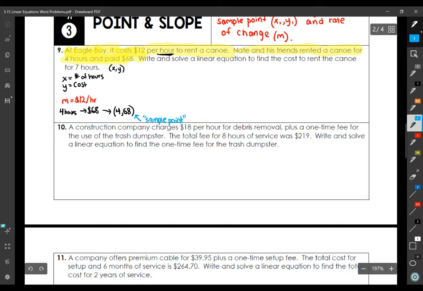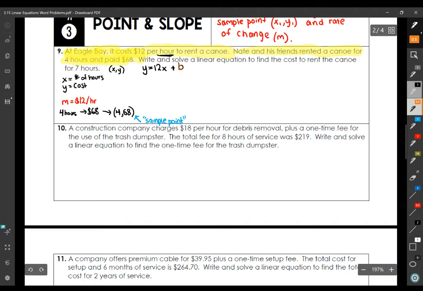We're still building the equation. We're going to start off with a partial equation. So we have y is equal to 12 times x plus, well, we don't have b this time. So we still need to solve for b.